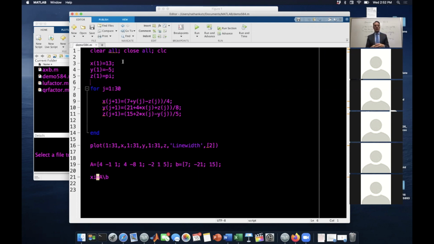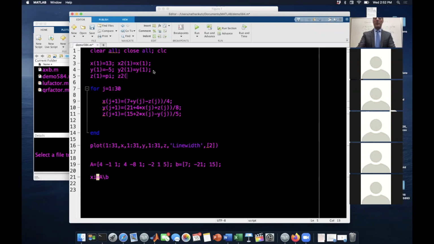Let's run two iteration schemes simultaneously. I'm going to make x2 of 1 equal to x1. In other words, I'm going to have two solutions, x and x2, y2, and what I'm going to do is compare these. How do they look relative to each other?